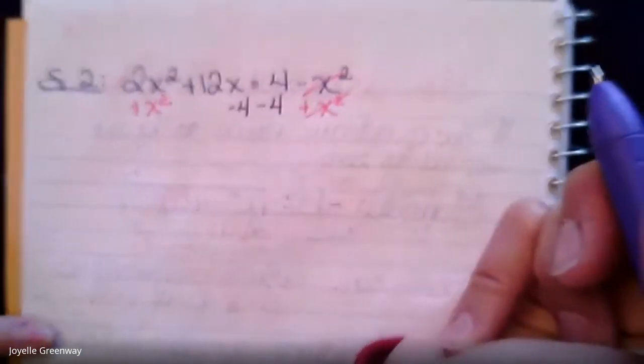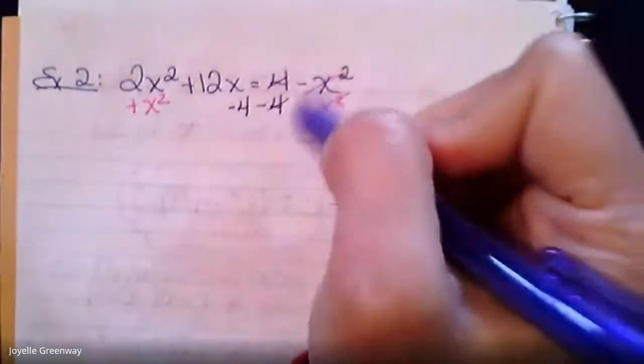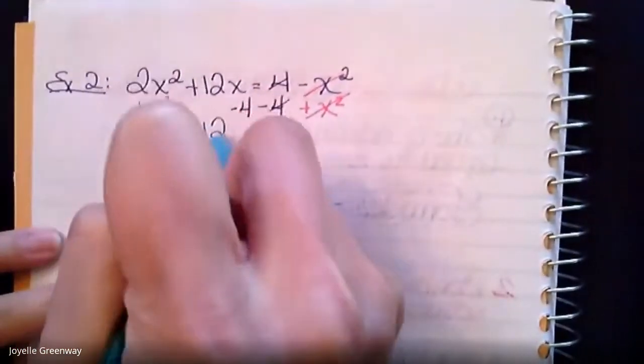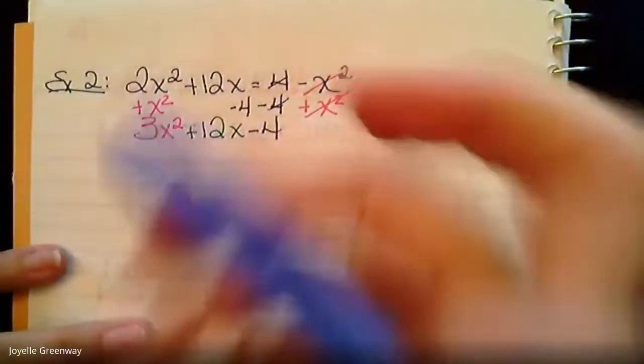And then I'm also going to subtract 4 from both sides. And now it'll be equal to 0. So what I now have is 3x squared plus 12x minus 4, and that now equals 0.